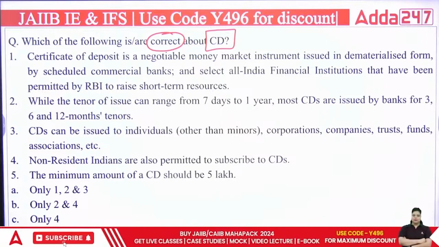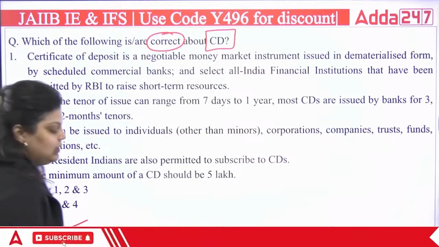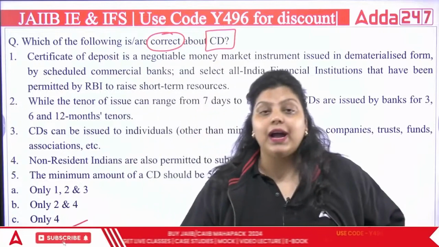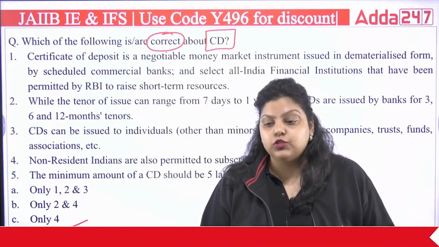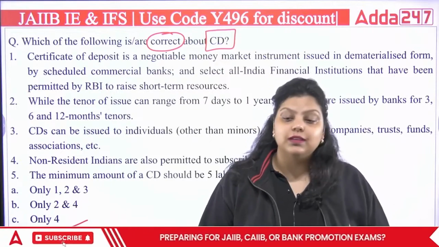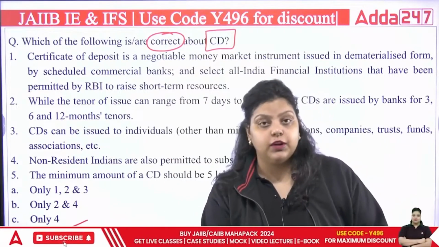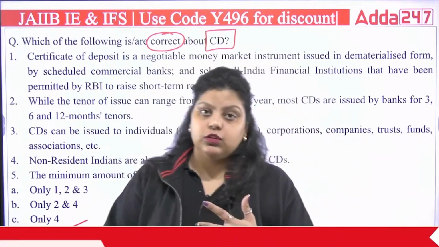And the right answer will be all are correct. All the statements are correct about certificate of deposit. So certificate of deposit is a secured instrument. Why is it a secured instrument? Because it is issued by the banks and financial institutions. That's why it is known as a secured instrument. It is issued for 7 days to 364 days.